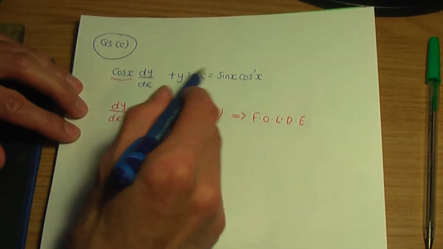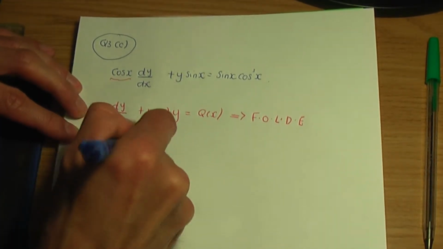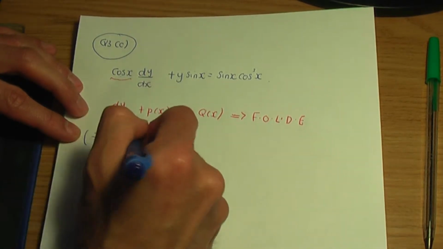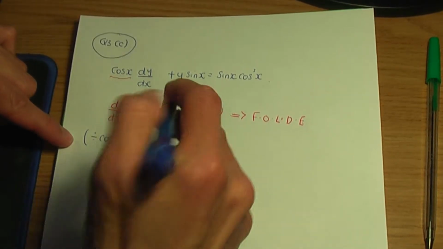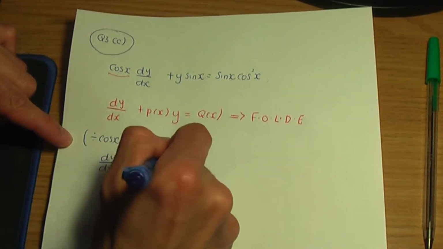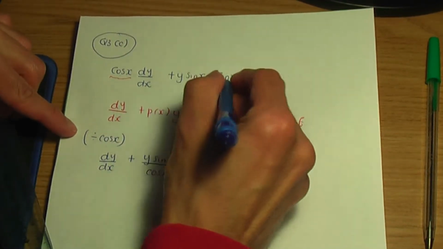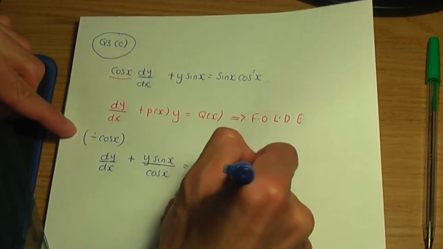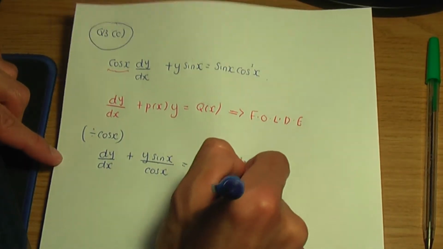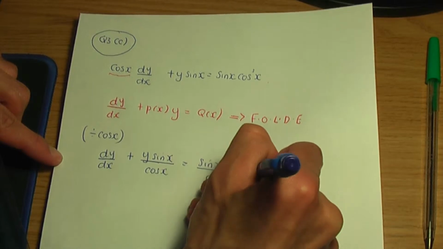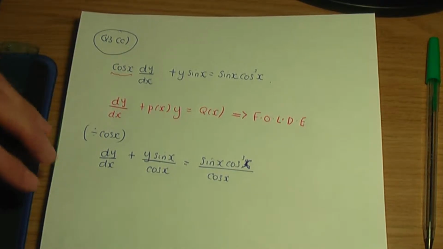If I divide every single term by cos x, we're going to end up with dy over dx plus y sin x divided by cos x, and that is equal to sin x cos cubed x divided by cos x. So that is what you should have as a result of dividing by cos x.